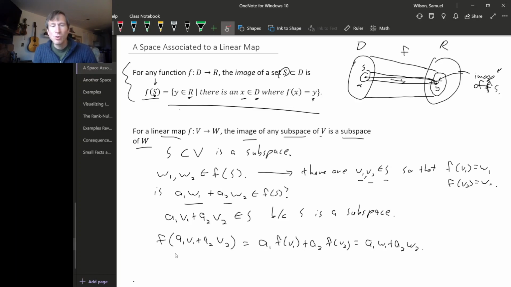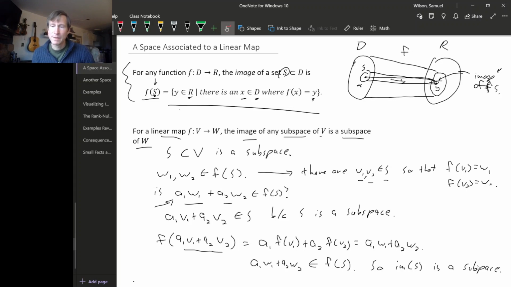So what we did is we showed that any linear combination of two vectors in the image gets hit by something from S. This shows that A1W1 plus A2W2 is in the image of S, and this shows closure of the image. So this means that the image of S is a subspace.